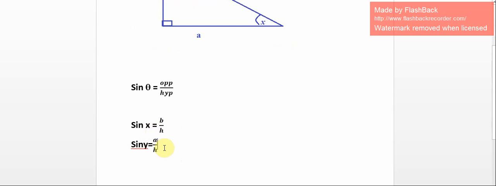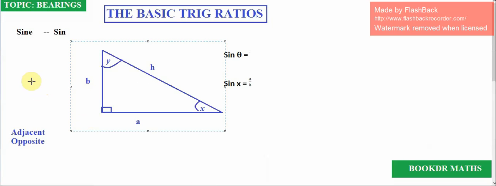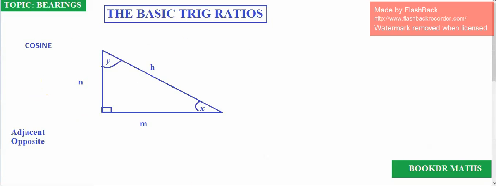Now let's move on to the next trig ratio. Cos. We are going to look at cosine. The names of the parts of the right angle triangle are the same as we discussed when we were talking about sine.